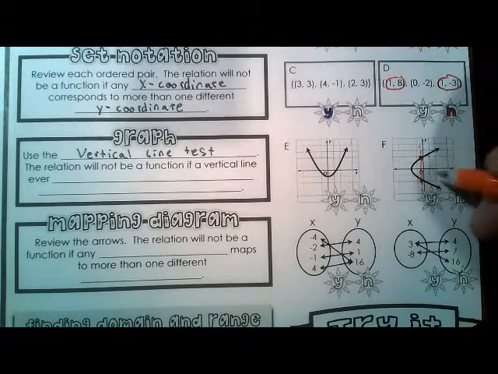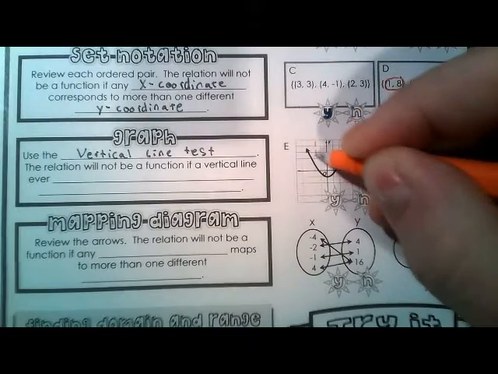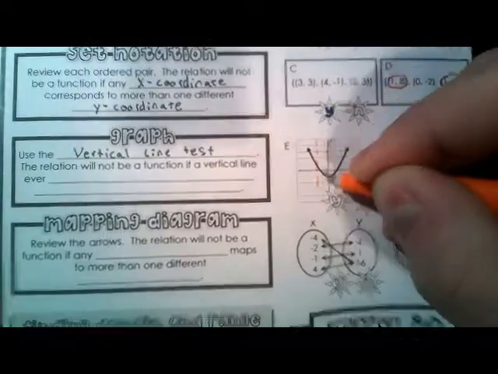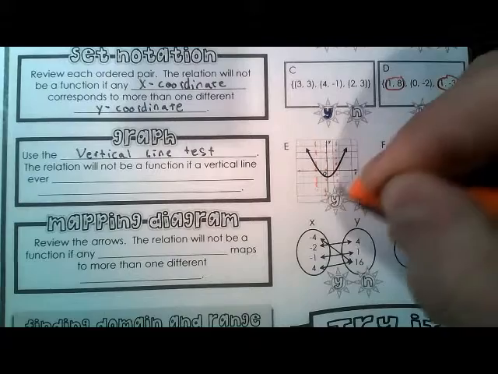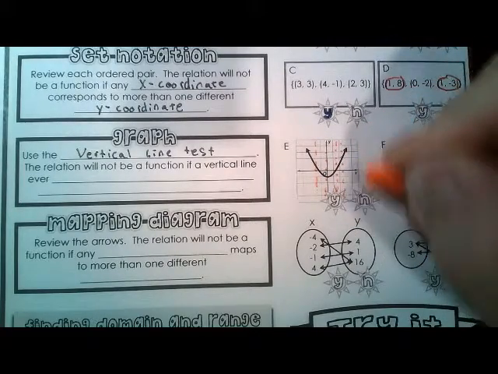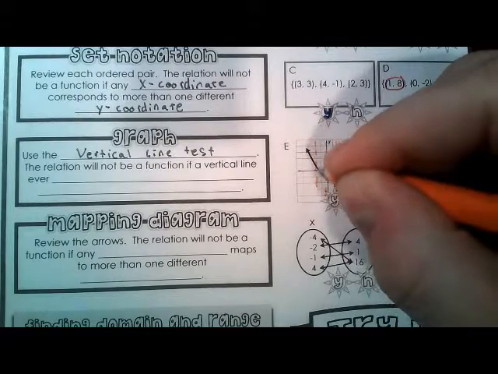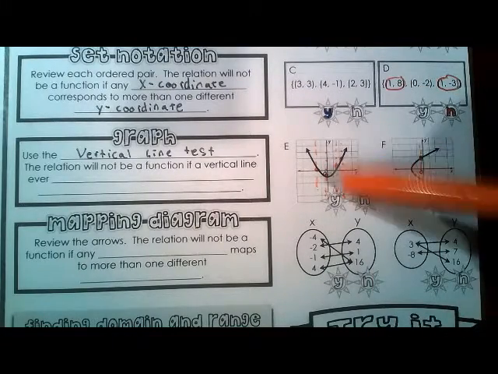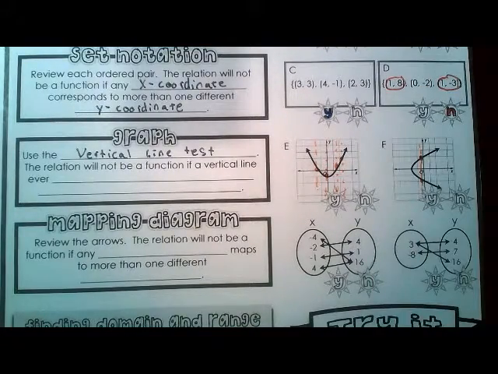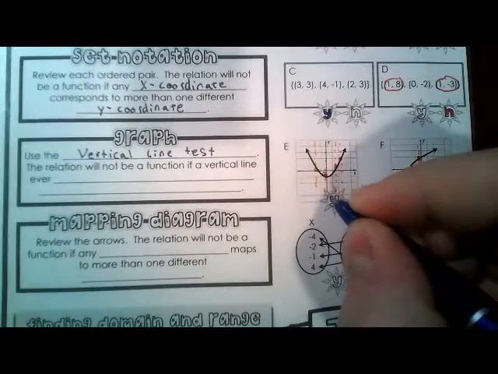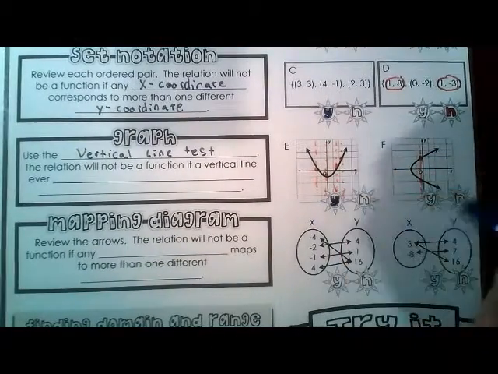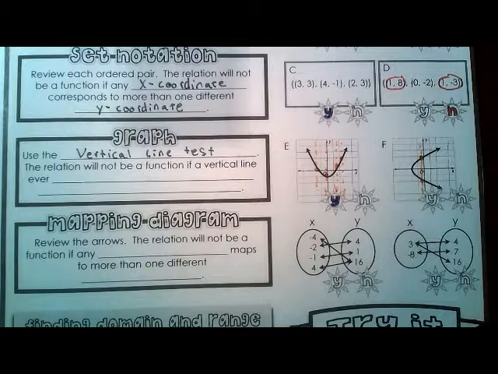So when we have this vertical line test, right, you want it to only cross your graph once. Here, here, right? So this one, that's definitely a function because it only crosses the line once.